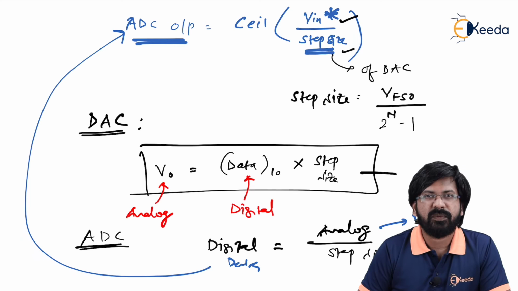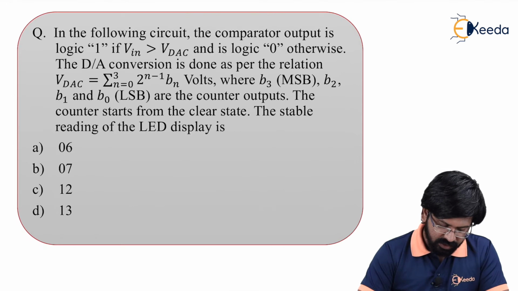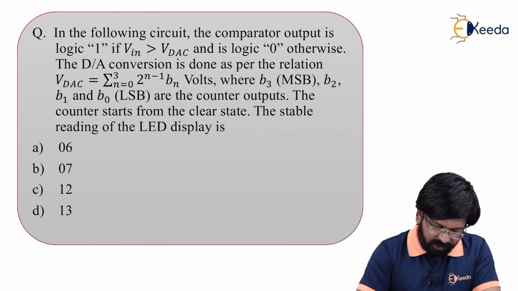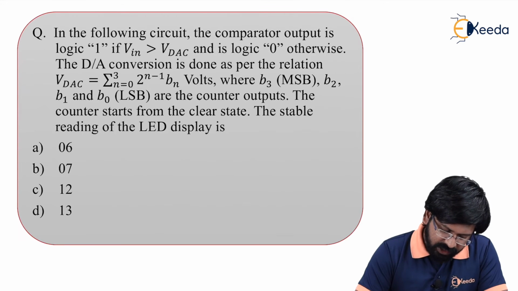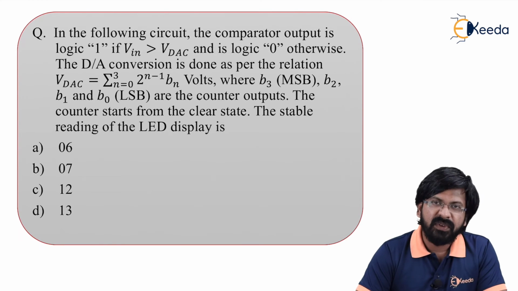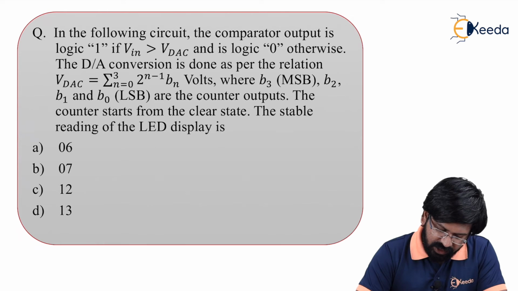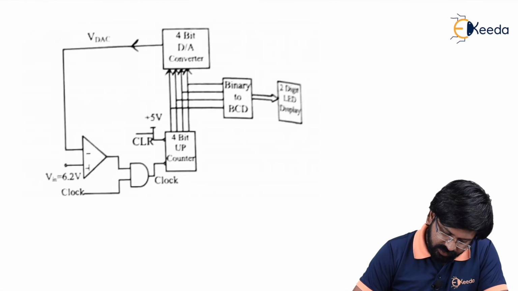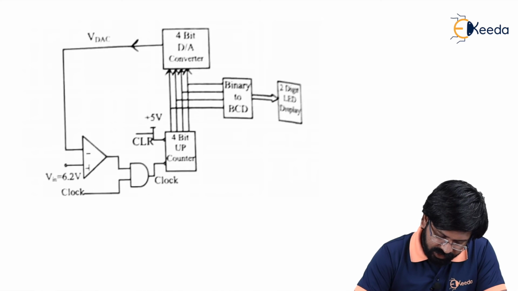Now we will solve one problem based on this. The question is displayed on the screen. In the following circuit, the comparator output is logic 1 if Vin is greater than VDAC and logic 0 otherwise. Let us see the circuit. This is the circuit given.